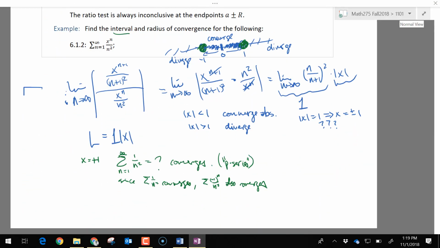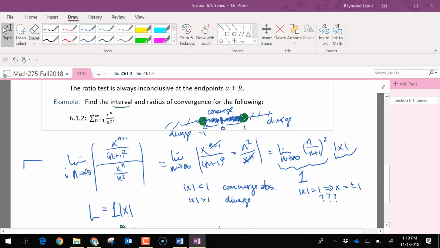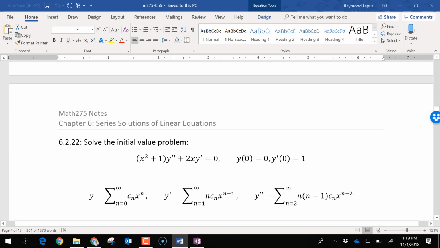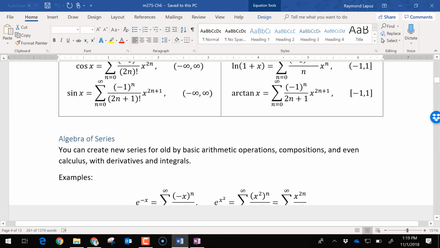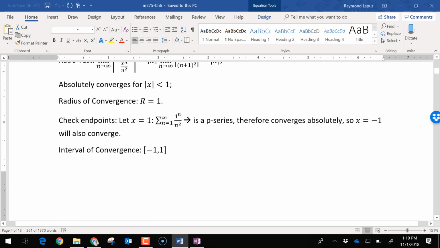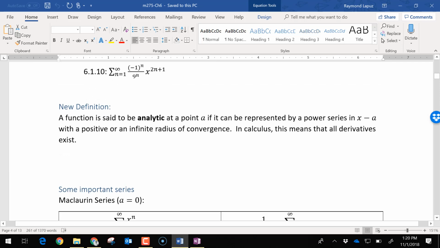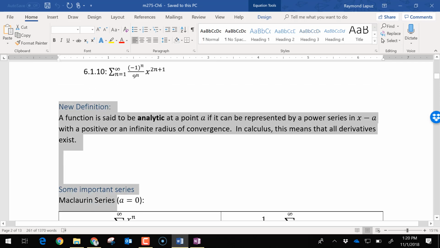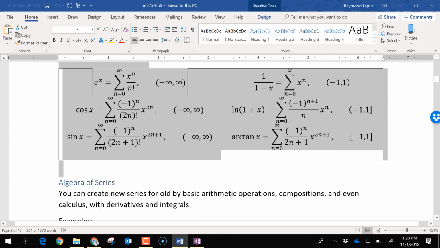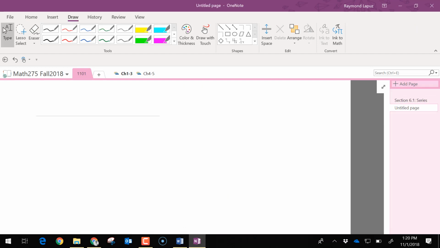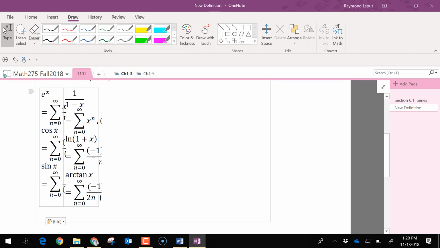So, how is this applied to whatever it is we're doing? Here are some new definitions and some important series to remember.